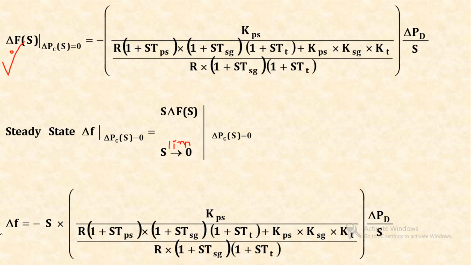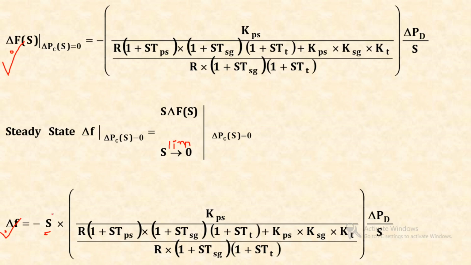So, this is the steady state value of our output, delta f, which is equal to s into delta f of s. We have to multiply s with our delta f of s. So, this is the s, and this whole will be delta f of s with this minus sign, clear.